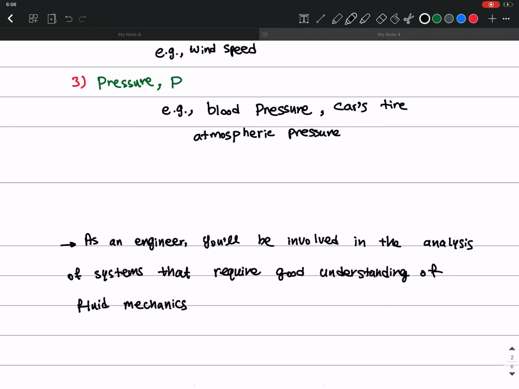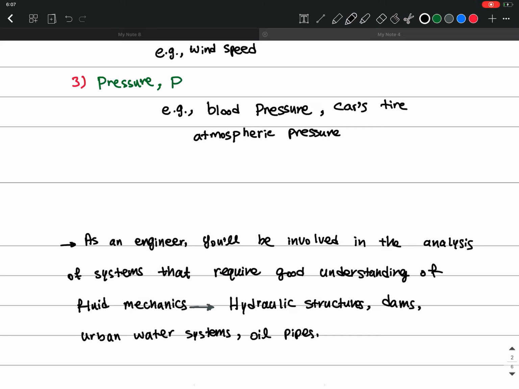In particular, as a civil engineer, there are multiple problems for which you need a pretty solid understanding of fluid mechanics, and those include hydraulic structures, dams, urban water systems, oil pipes, open channel flows, etc. Okay?